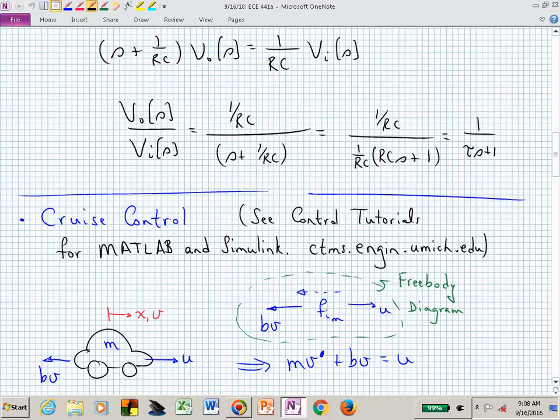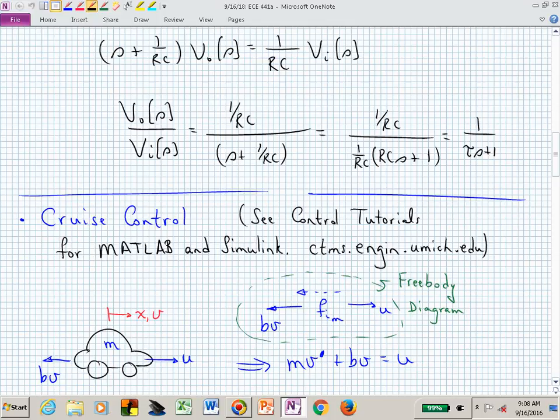If we simply look at this vehicle having some kind of damping, maybe it's the road friction and the air surrounding it, the damping is proportional to the velocity of the vehicle. We now have a force that's opposing the forward force trying to drive that car forward.